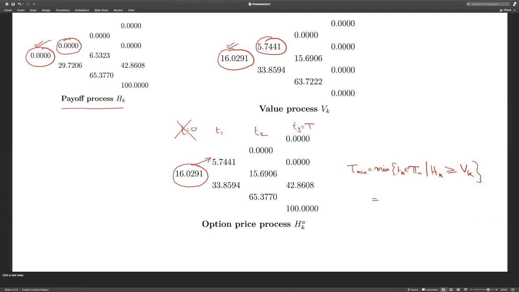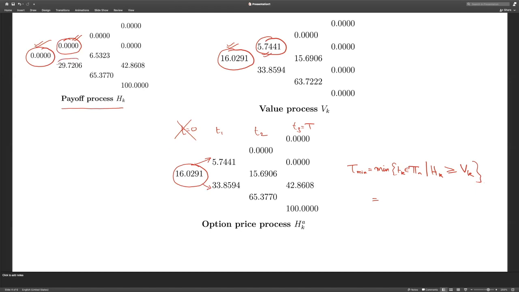Again, you see the maximum is attained at the value and not at the payoff. Therefore, if the stock would have gone up in the first level, then the holder would not have exercised the option.